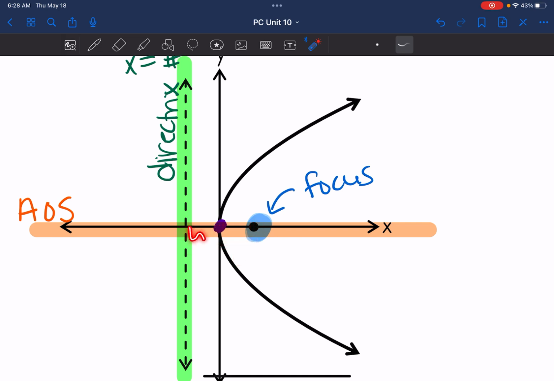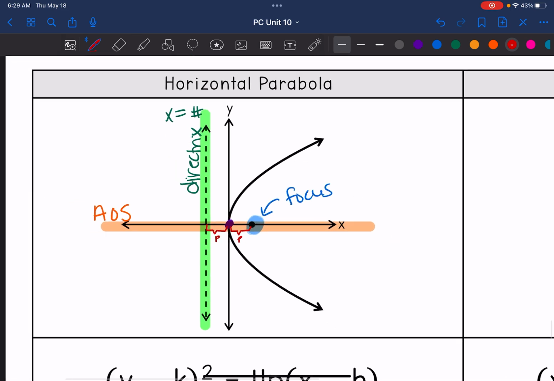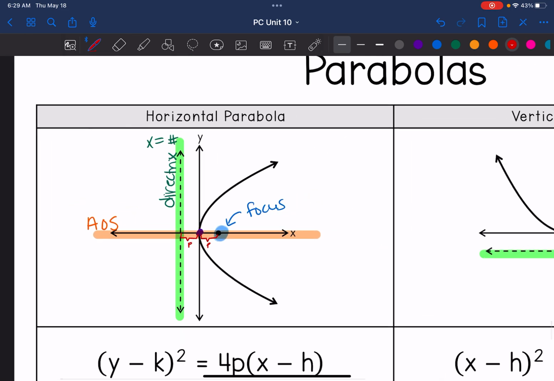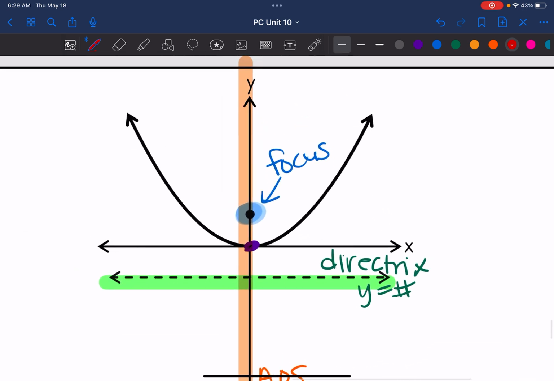So both of these little distances here are P. That's P. And that's P. And same thing if it were to be vertical. It's just going the other direction. So from the vertex, if I go P units down, that's the directrix. And if I went P units up, that's the focus.